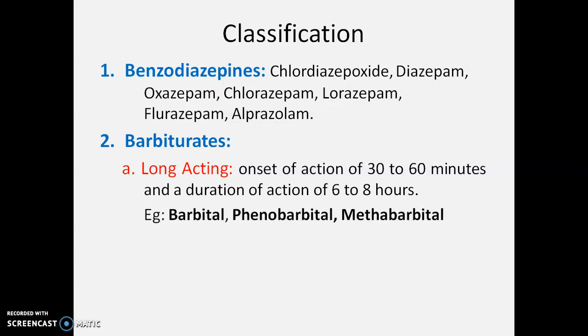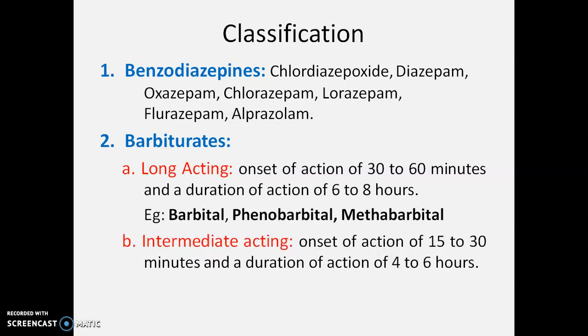Examples include barbital, phenobarbital and methabarbital. The second class is intermediate acting, with an onset of action of 15 to 30 minutes and a duration of action of 4 to 6 hours. Examples include amobarbital and butabarbital.